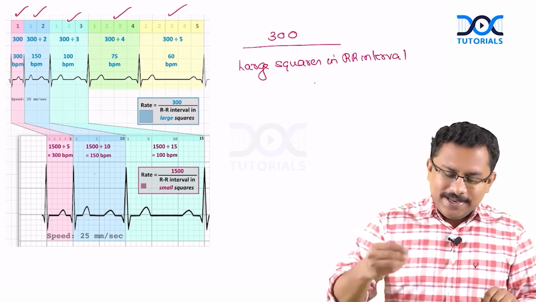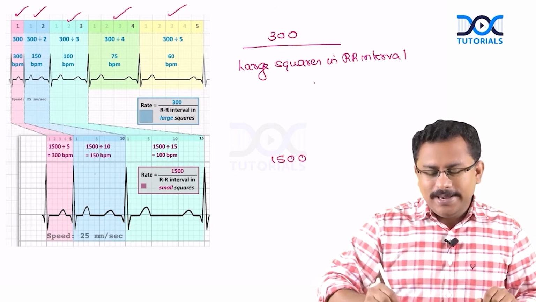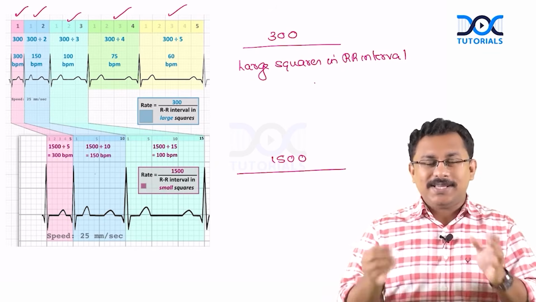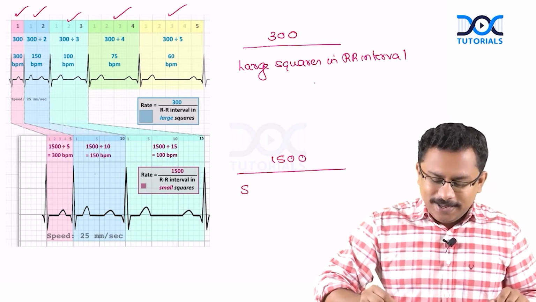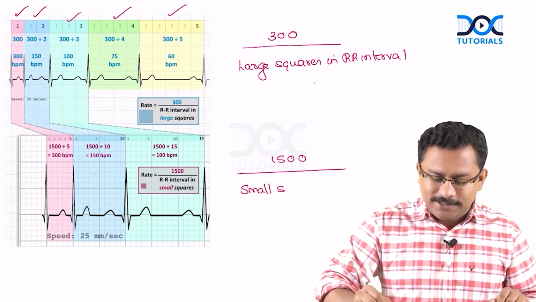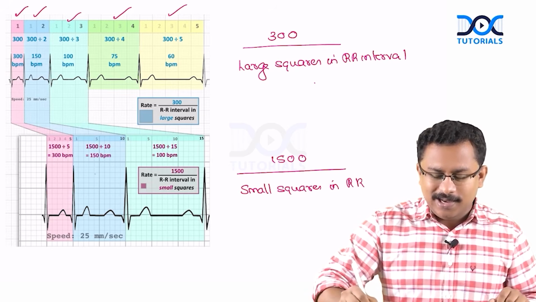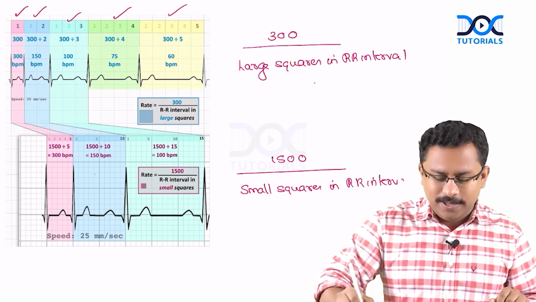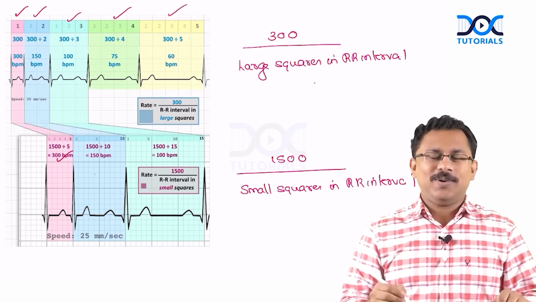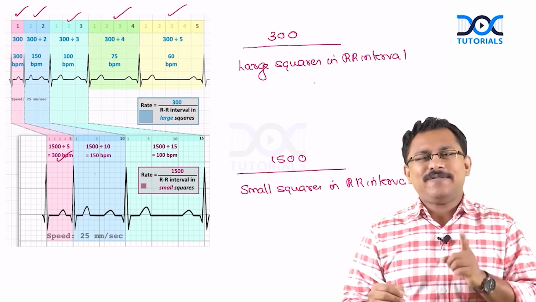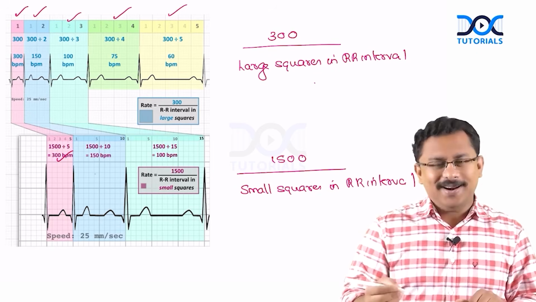Now the second method, again essentially the same. It is 1500 divided by the number of small squares in the RR interval. That means if there are 5 small squares, then it is 1500 divided by 5, which is equal to 300.